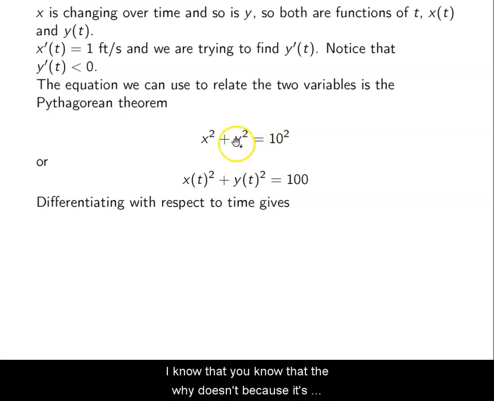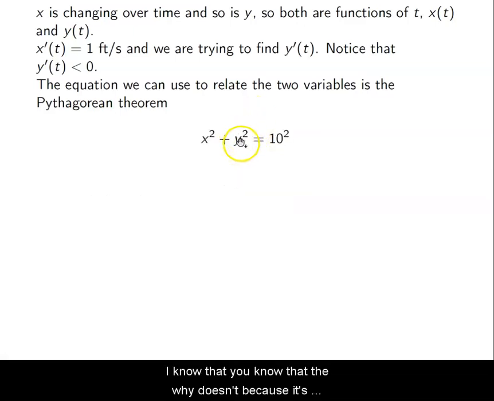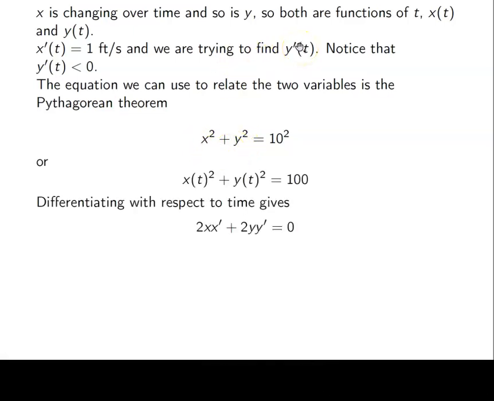I know that you know that the y doesn't because it's implicit differentiation, but remember what our variable is. Our variable is time. Our variable is not x. X is not the variable we're interested in, right? It's time, or in this case, I'm not calling t time, I'm calling t a distance away from the wall.